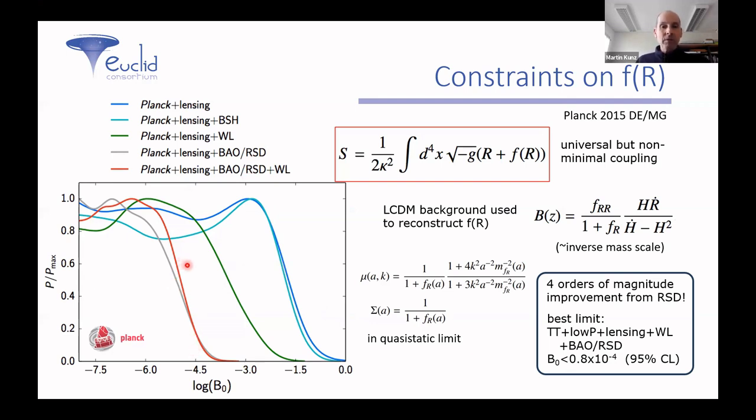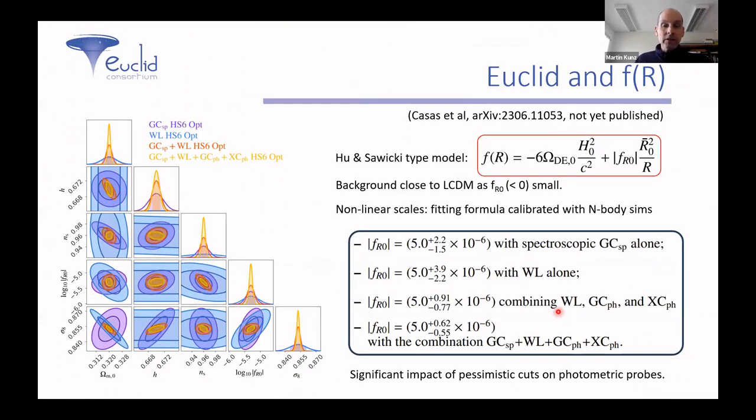And here is a Euclid forecast where the benchmark model is at 5 times 10 to the minus 6. Galaxy clustering and weak lensing alone struggle to detect that model. But when you combine galaxy clustering and weak lensing, then it's like a 10 sigma detection. So we expect to have constraints of the order of 10 to the minus 6 with Euclid on the equivalent parameter, more than an order of magnitude better than what we currently have.